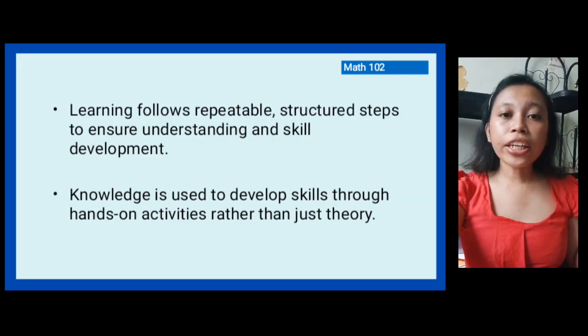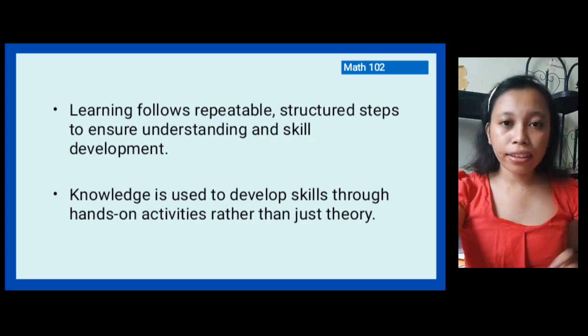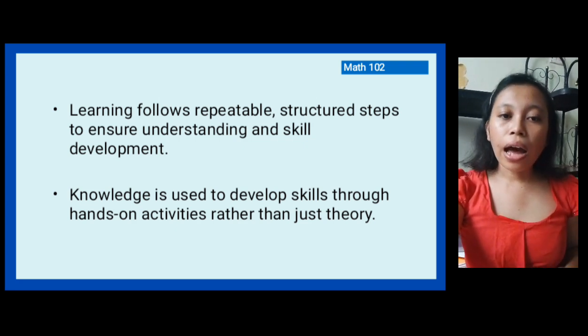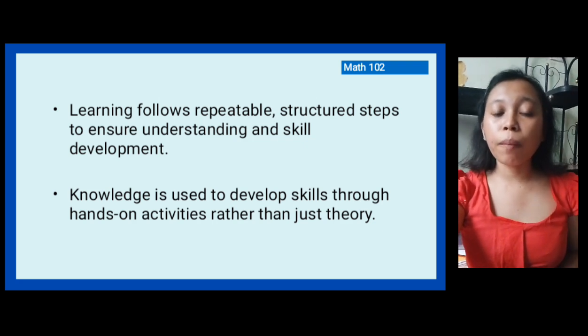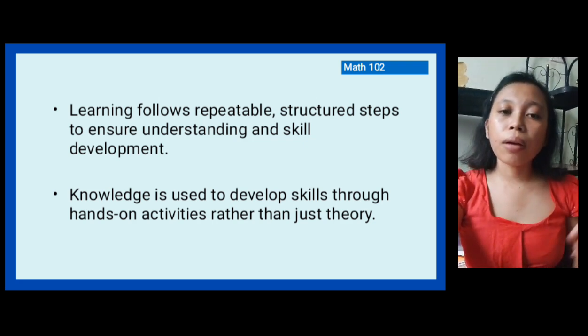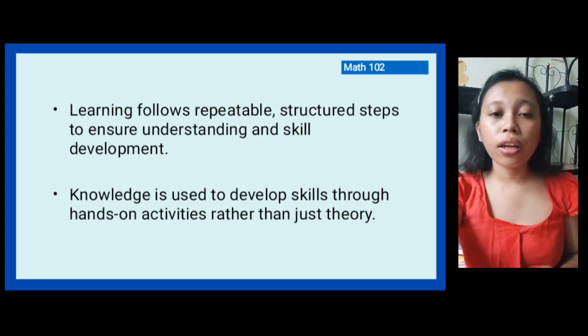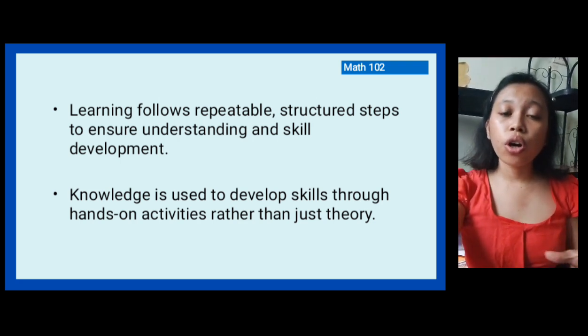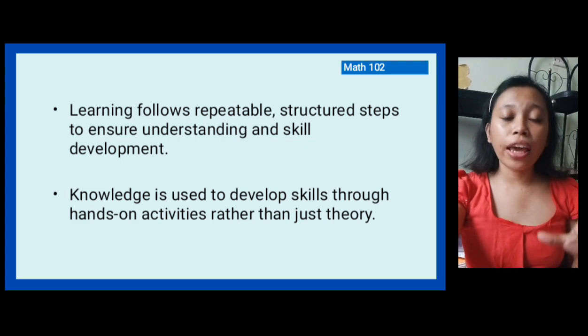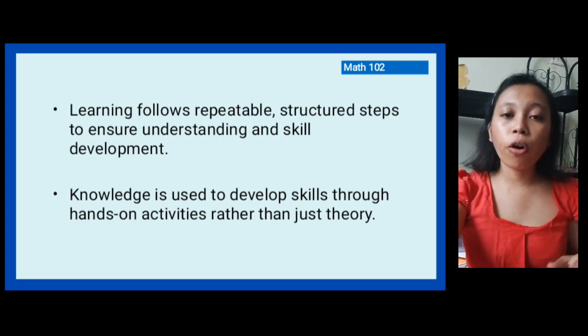Learning follows repeatable, structured steps to ensure understanding and skill development. You as a teacher let them learn from simple to complex. Example, in fraction, you let them know what is fraction, parts of the fraction, then to complex. It's step by step, so that the children can easily understand the lesson.